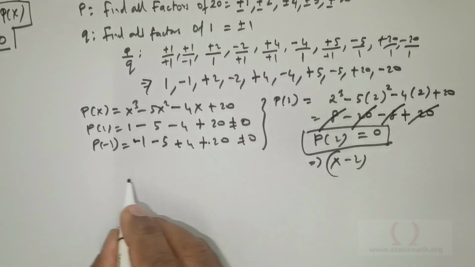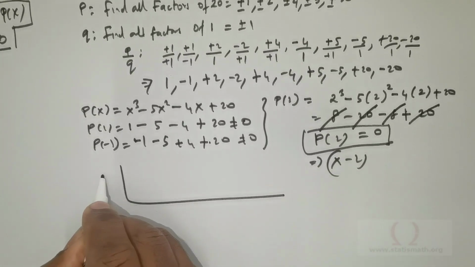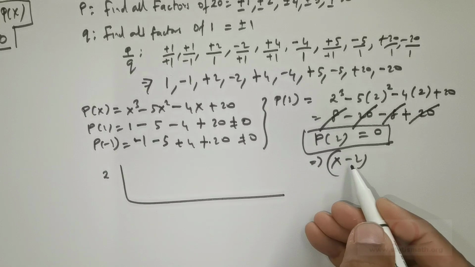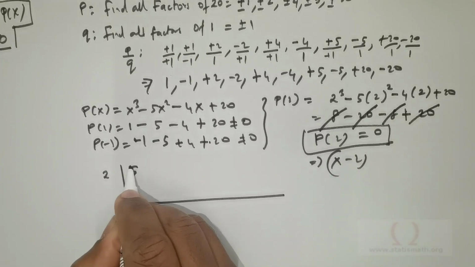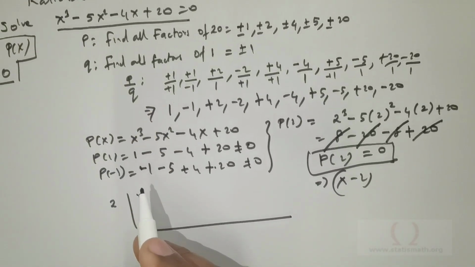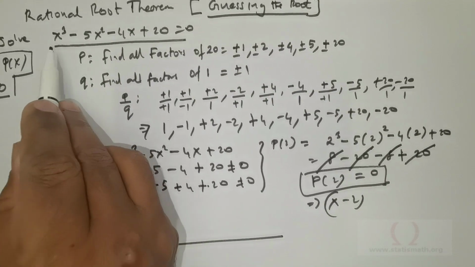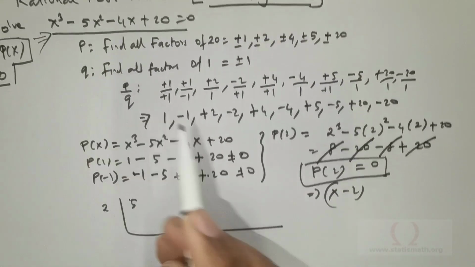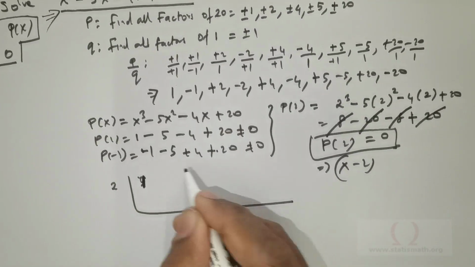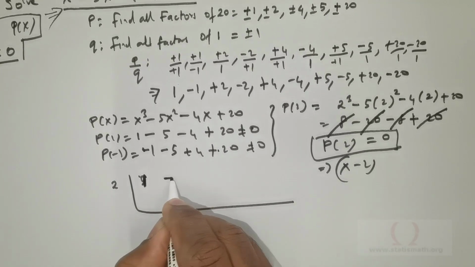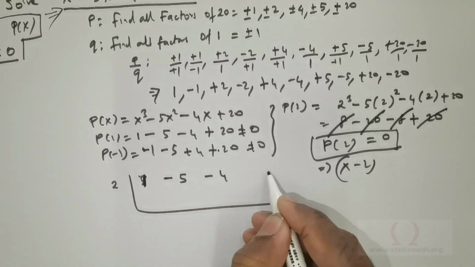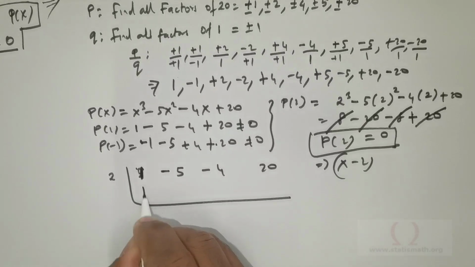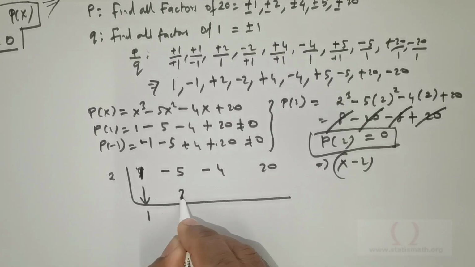So if I use synthetic division with x equal to 2, let me write down the coefficients of this polynomial. The first one is 1, the second is negative 5, followed by negative 4 and 20. I bring 1 down. 2 times 1 gives me 2.